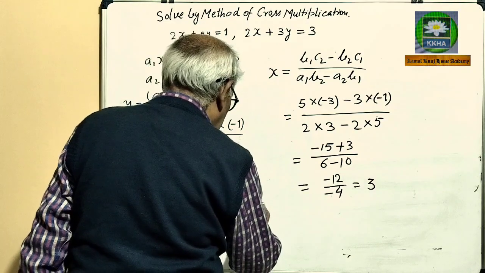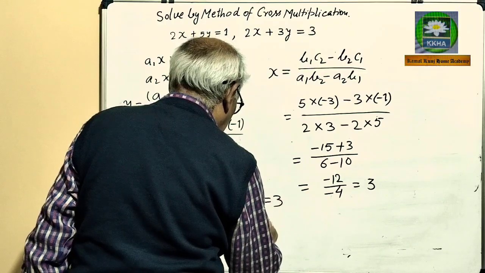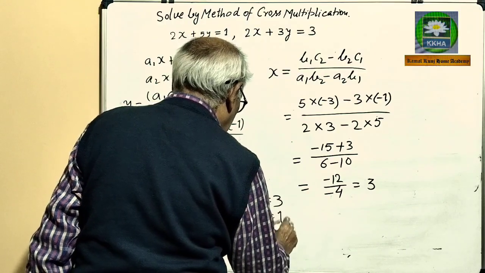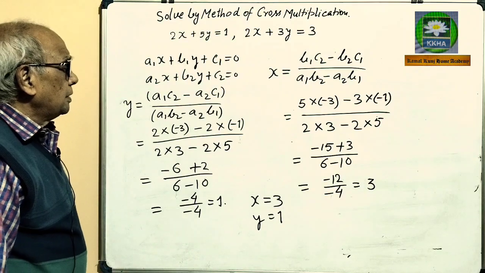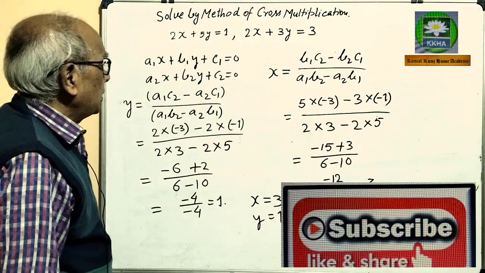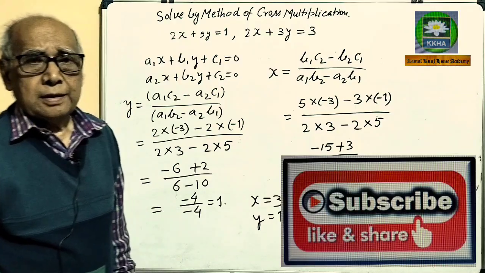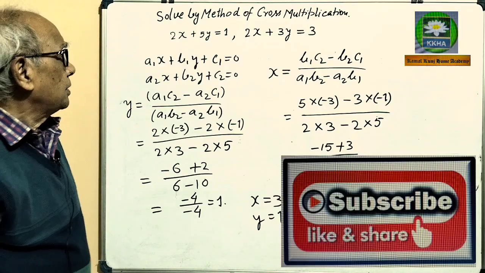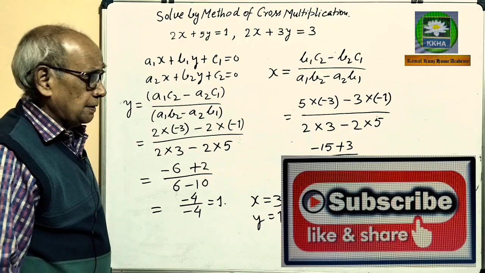So the solution is x equal to 3 and y equal to 1. This method of solving simultaneous equations in two variables is called the method of cross multiplication.